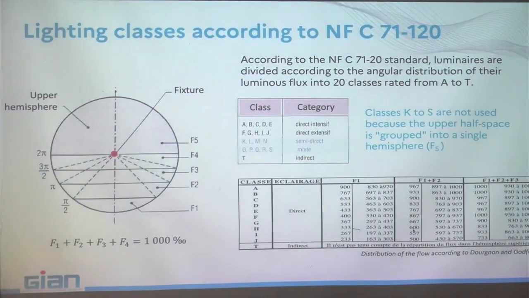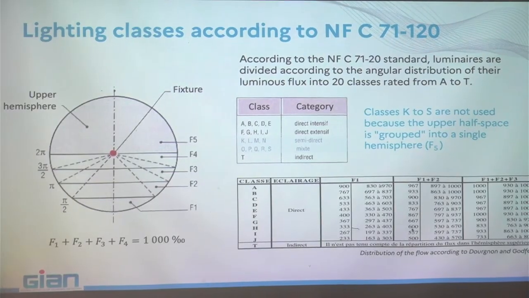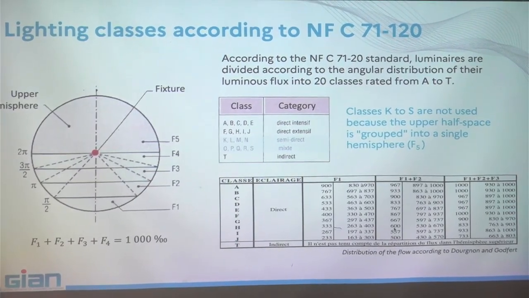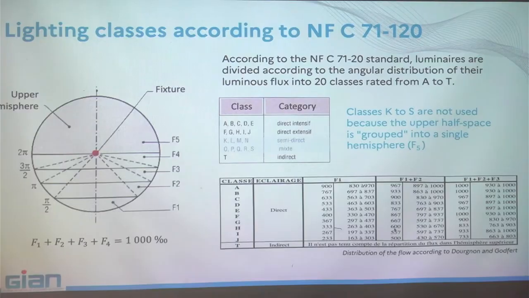And well, I will go fast here because we don't speak about the sizing of the installation, and this is important for the sizing. In fact, some two French guys, Cibié and Godfrey, proposed a way to describe a fixture without using the photometric curve.